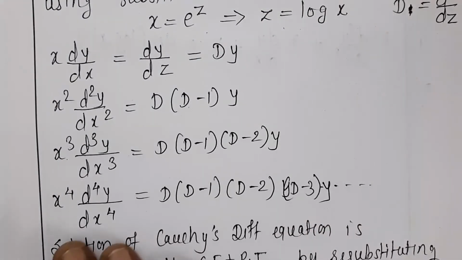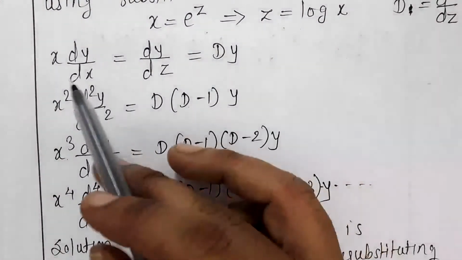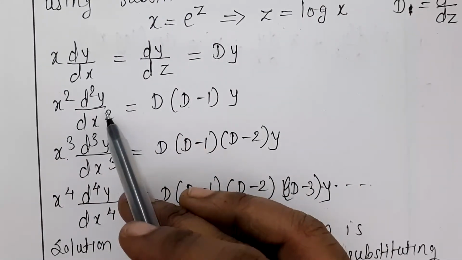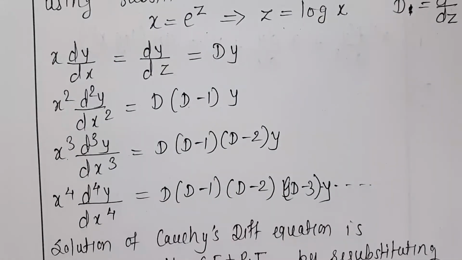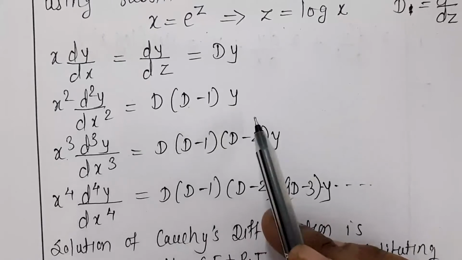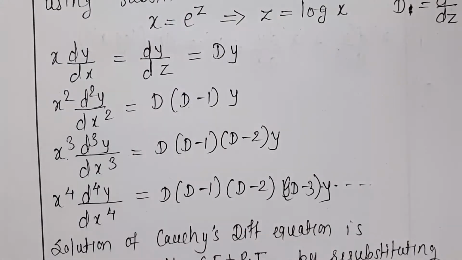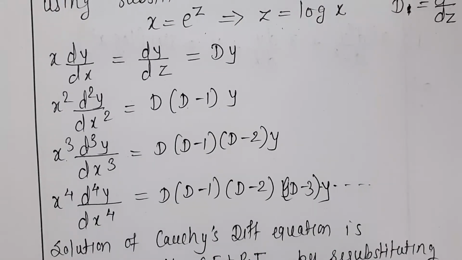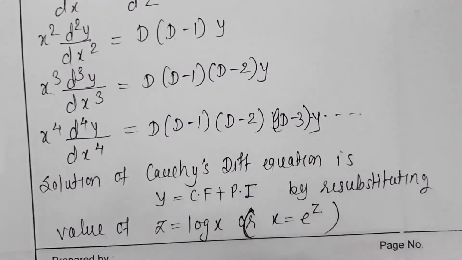So like this we substitute for x into dy by dx, x square into d2y by dx square as D into D minus 1 into y. Depending on the differential equation, we have to use this substitution. And finally the solution is always y is equal to CF plus PI. But after finding CF and PI, you have to resubstitute the value of z, which is equal to log of x.